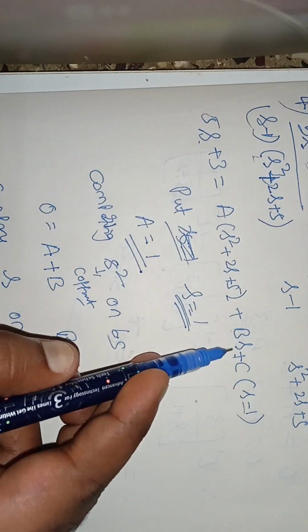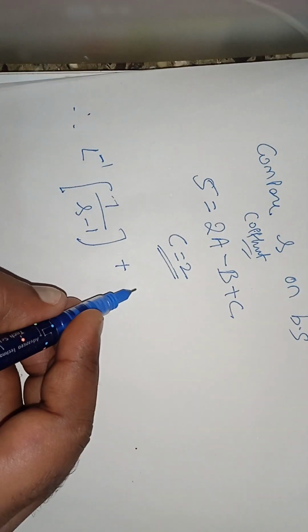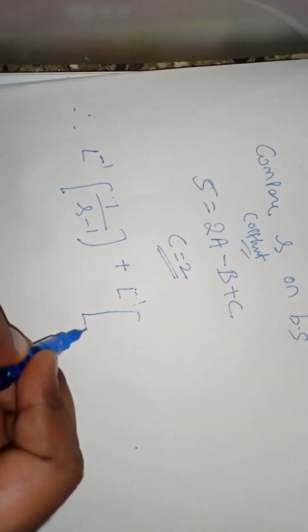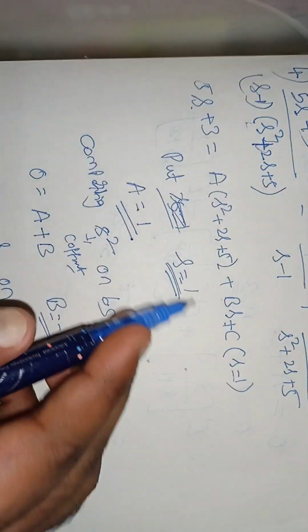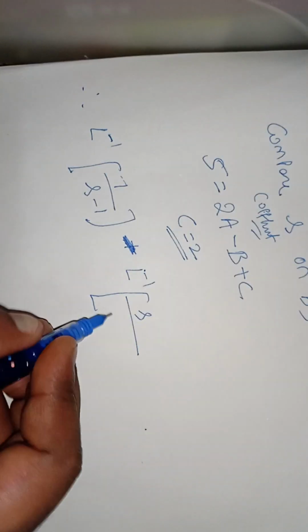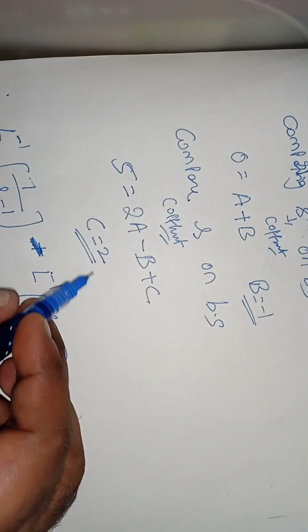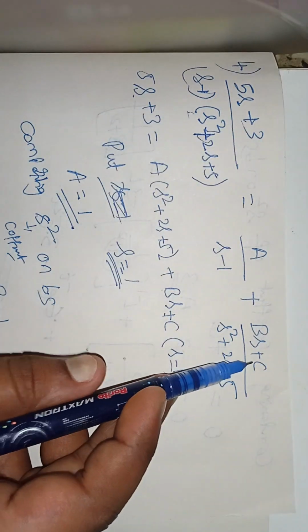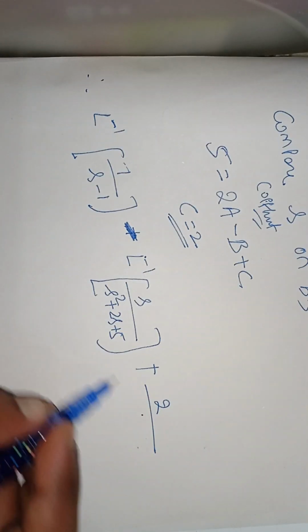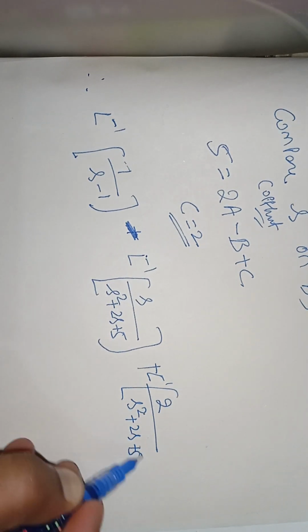So I have to separate Bs, B into s divided by, so the value of B is minus 1, so it is L inverse of minus 1 times s divided by (s² + 2s + 5), plus C is 2, so L inverse of 2 divided by (s² + 2s + 5).